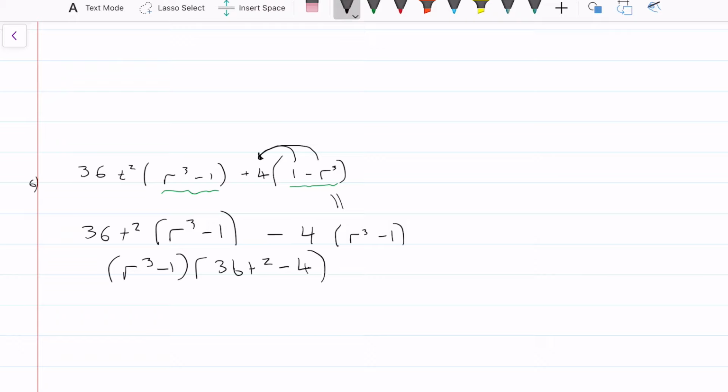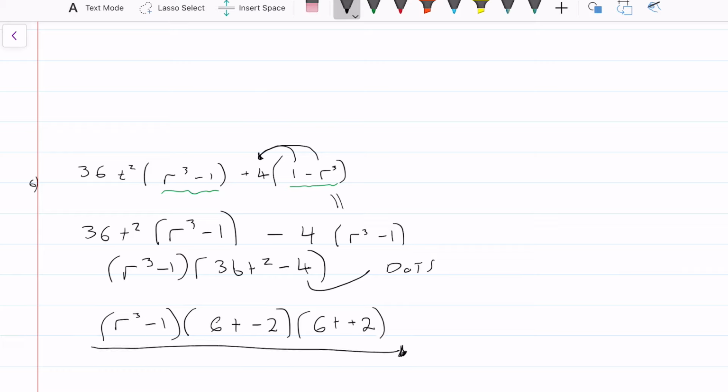And again, we have a difference of squares here. So we can change that to r cubed minus 1, 6t minus 2 times 6t plus 2. Okay, so with these, if you have a constant, you square root it, essentially, to get the answer.